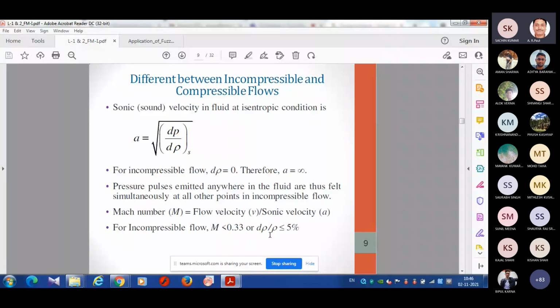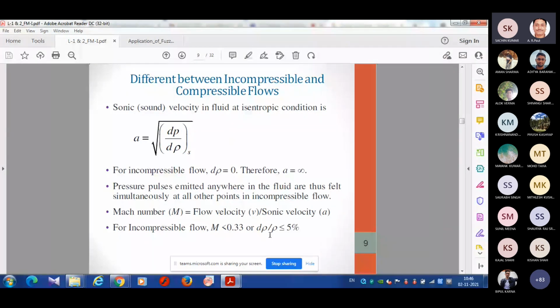But if your d rho is very small, what will be your sonic speed? Your sonic speed will be very high. What is the physical significance?